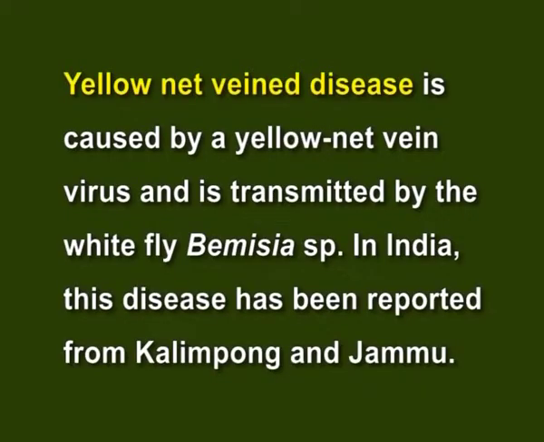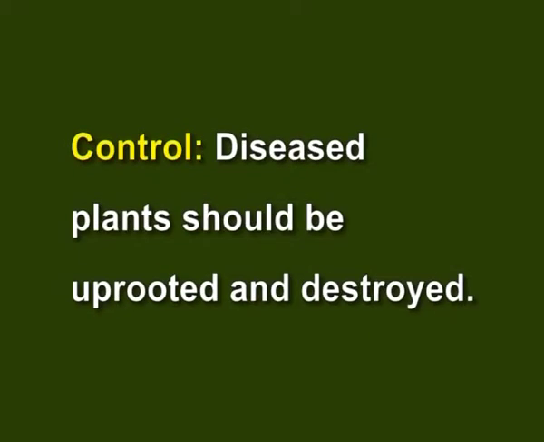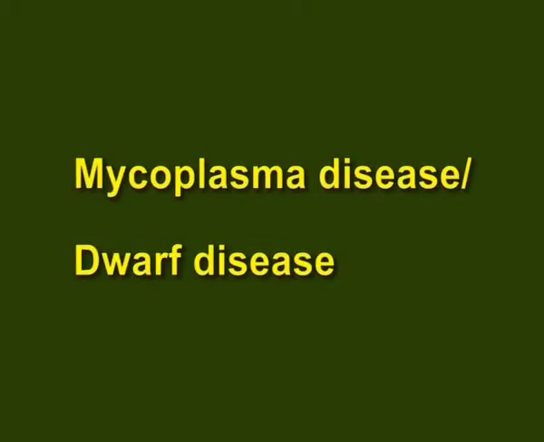However, this disease is of less importance in sericulture industry as it does not cause any economic damage in mulberry leaf production. Yellow net vein disease is caused by a yellow net vein virus and is transmitted by the whitefly Bemisia species. In India, this disease has been reported from Kalimpong and Jammu. Control. Diseased plants should be uprooted and destroyed.